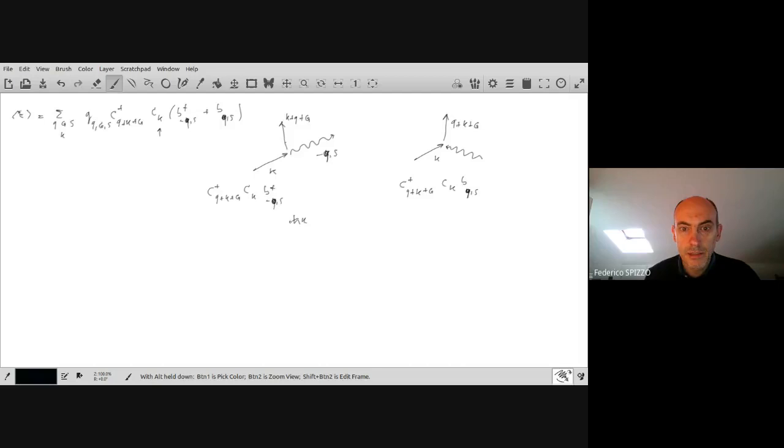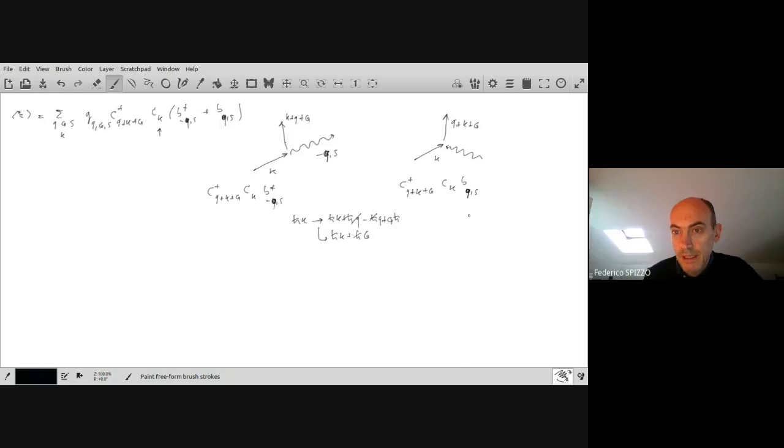Then after the interaction, the final crystal momentum is h bar k plus h bar q, minus h bar q due to the phonon, and plus G times h bar. So in this case, the final momentum is h bar k plus h bar G. So the momentum is the same within a vector belonging to the reciprocal lattice, that is G.